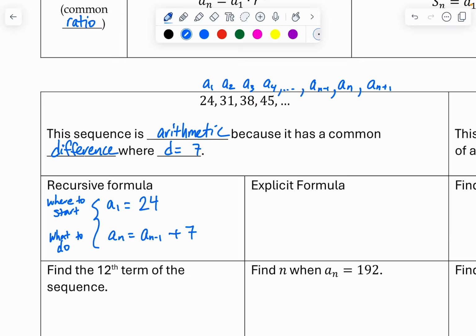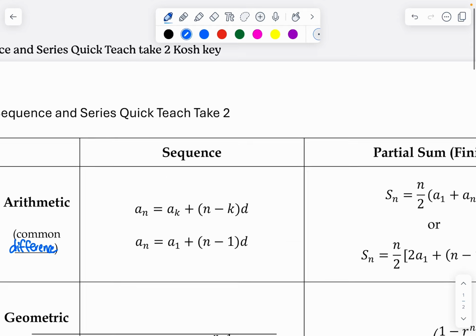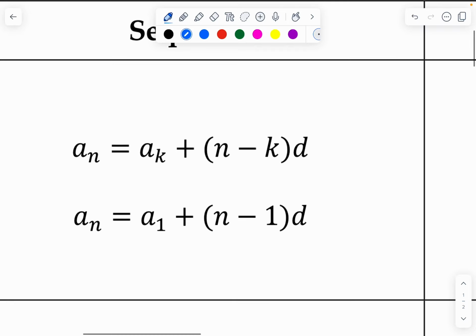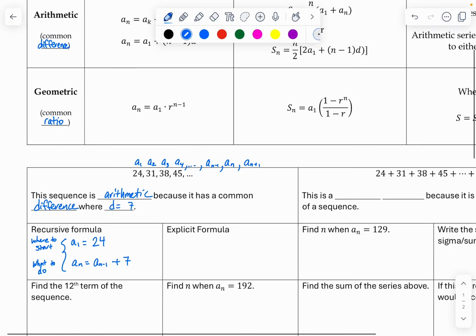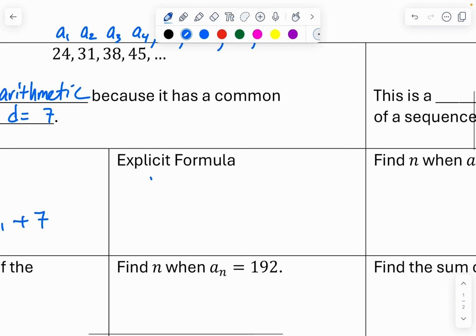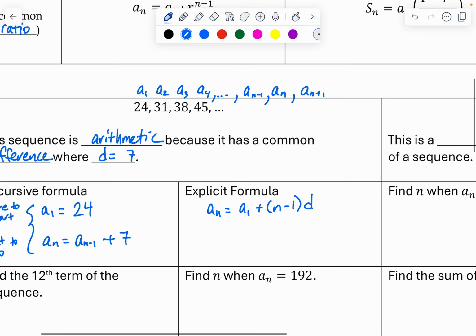Okay, in our explicit formula, we're going to use one of these up here. So A sub n equals A sub 1 plus n minus 1 times D. And we're going to plug in what we know. So the explicit formula is where we want to come up with a rule for A sub n.